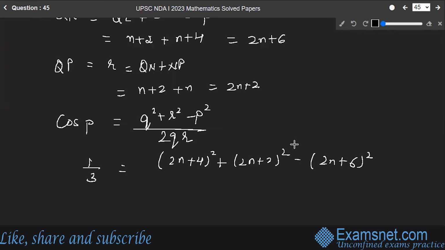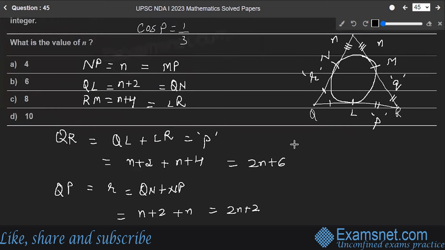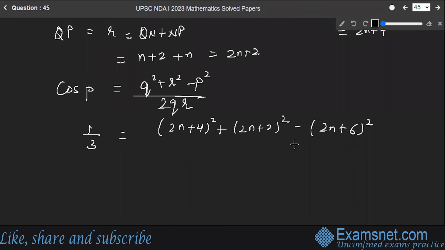I hope you know how I calculated Q. See, Q is equal to MR plus PM. This is equal to N plus 4 plus N, which gives you 2N plus 4. Okay. This whole divided by 2 into 2N plus 2 into 2N plus 4.